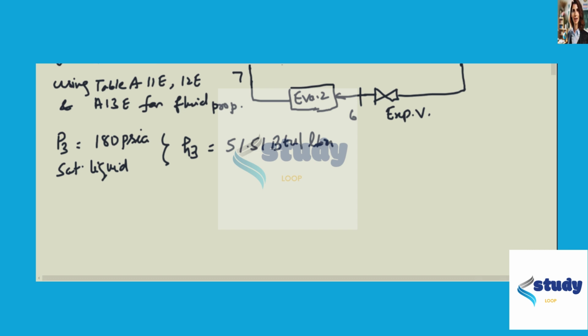At state 4, state 6 and state 3, the enthalpy of the fluid is the same, 51.51 BTU per pound mass. That is the throttling process.